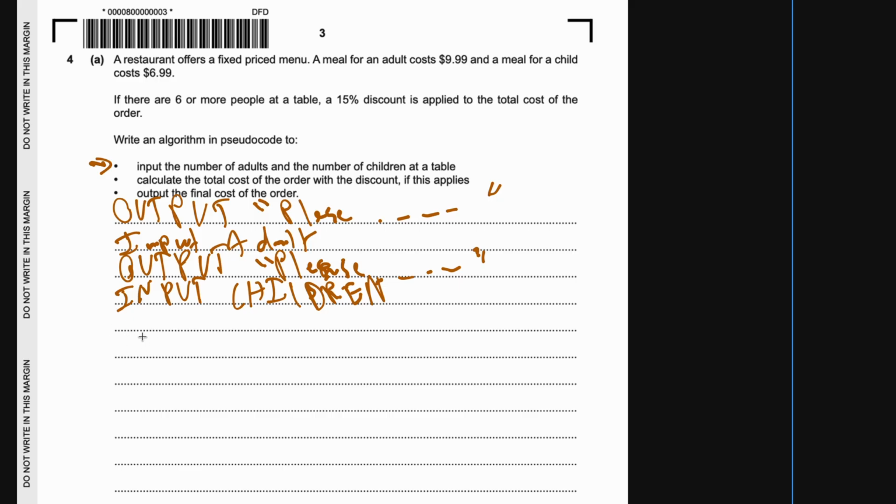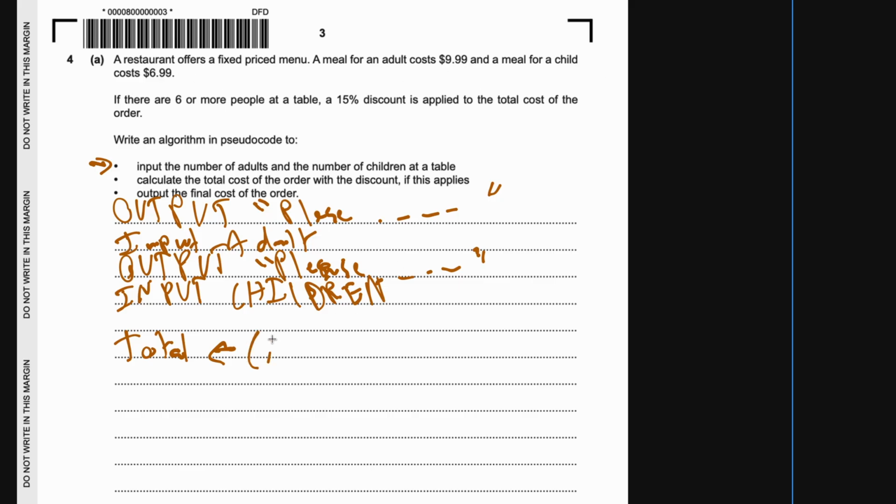So then we're gonna calculate using a new variable. Let's call it total, and set it equal to the formula, right? A 15% discount is applied to the total cost of the order if there are 6 or more people, right? So firstly we need to calculate the total, which is basically $10 for the adult and $7 for children.